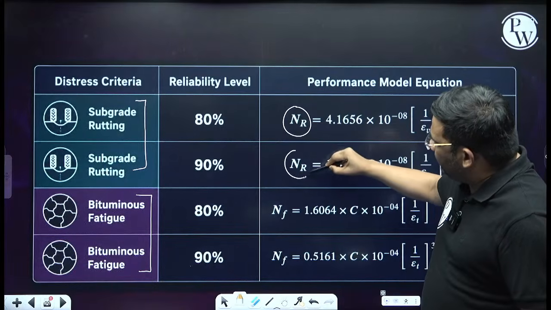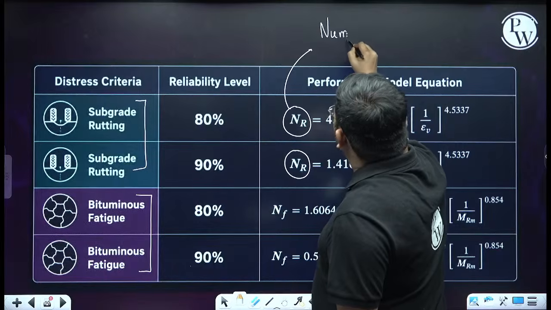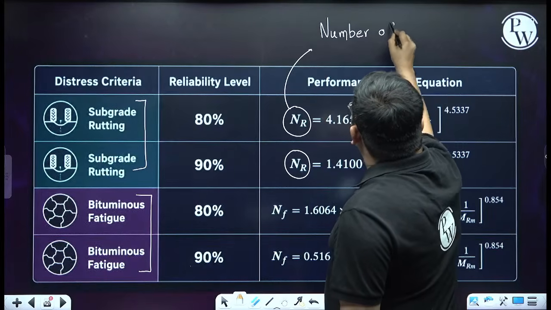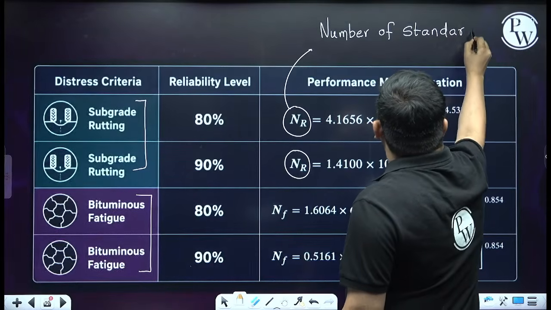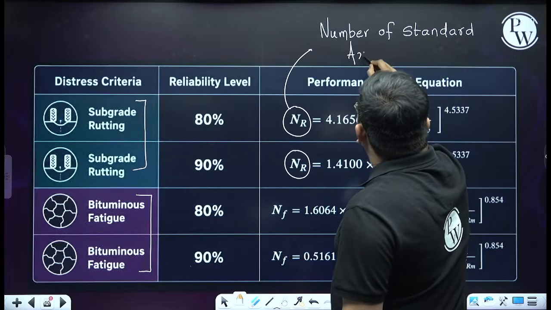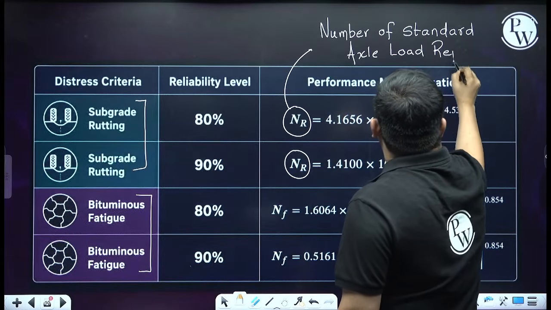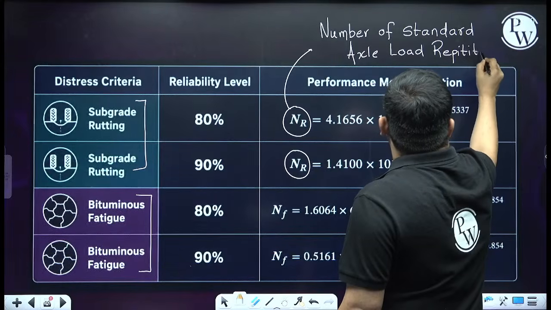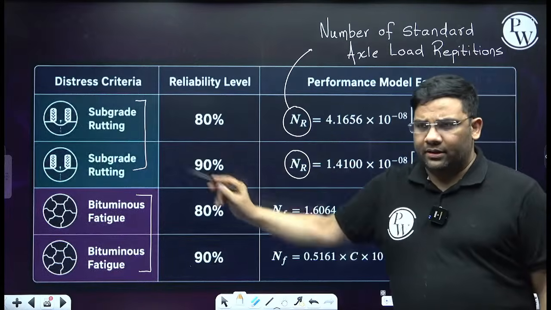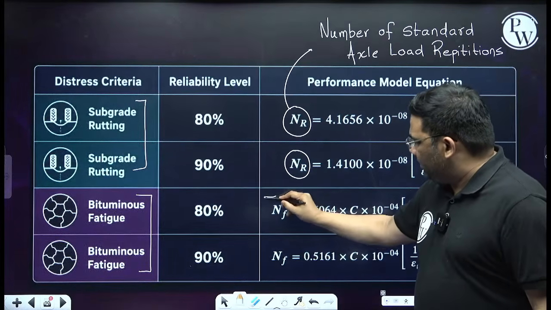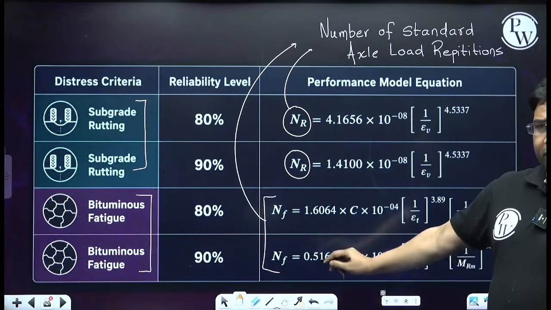This NR is the number of standard axle load repetitions, or I can say design traffic, in standard axles. Why this R? Because we are talking about rutting. This is also the number of standard axle repetitions, but why F? Because it is fatigue cracking.